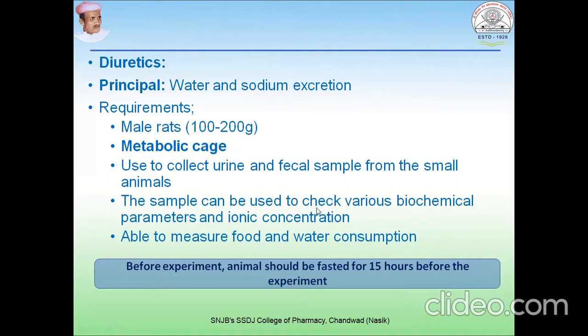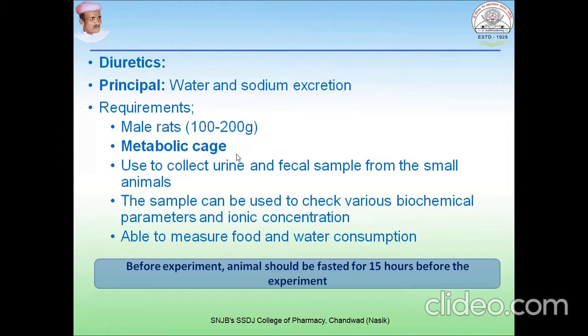These samples can be used to check various biochemical parameters and ionic concentrations. From this cage one can also understand the amount of food and water consumed by the rat during the study period.